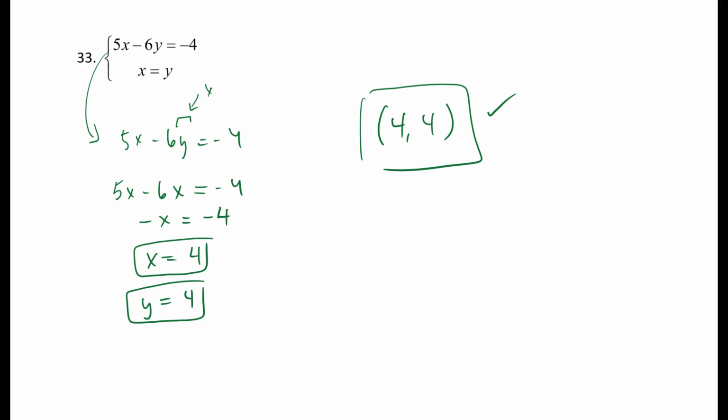Last one here, 34, I'm also going to use substitution because this equation is already written in the form y equals, so I can use it relatively easily to substitute. So if I take the second equation, 6x minus y equals 1, I can substitute this equation in for y. So we know that y is -3x plus 2, and then I can simplify here.